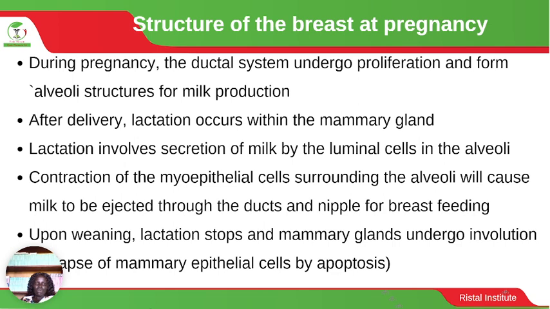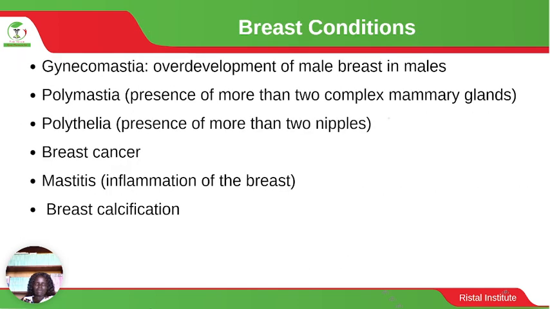Contraction of myoepithelial cells surrounding the alveoli will cause milk to be ejected through the glands and the nipple for breastfeeding. Upon weaning, lactation stops and mammary glands undergo involution, or collapse of mammary epithelial cells by apoptosis, until maybe if the person conceives again, then they develop again and she can still lactate.